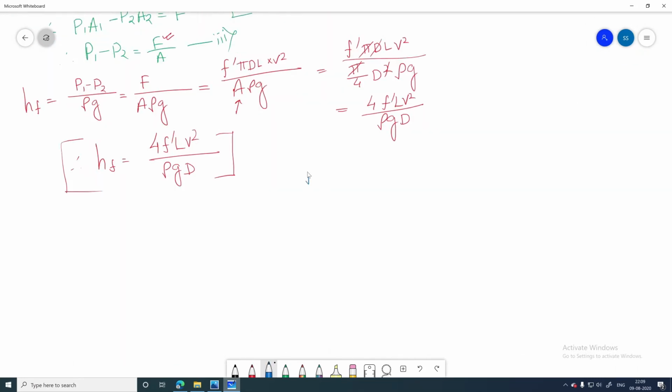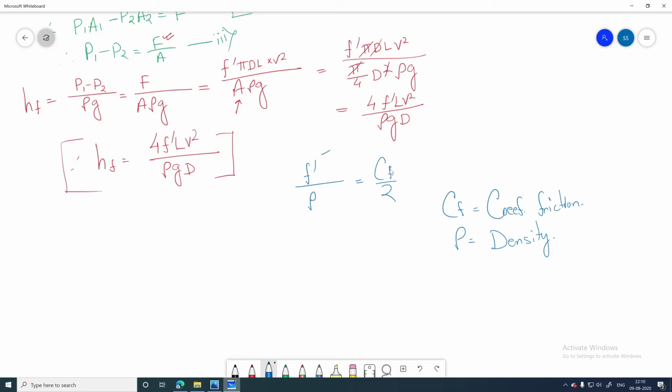Now we already know that F dash by rho equals CF by 2, and what is CF? Coefficient of friction. Okay, and rho is, you already know, the density of the fluid. And F dash is the frictional resistance per unit area per unit velocity.